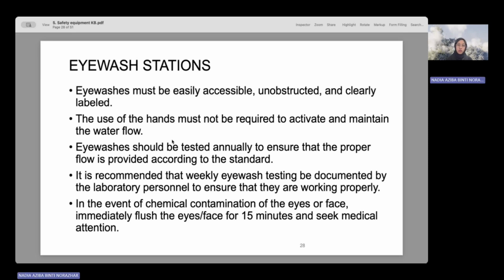Eye washes should also be tested annually, likewise the safety shower, to ensure that the proper flow is provided according to the standard. It is recommended that weekly eye wash testing be documented by lab personnel to ensure that they are working properly. In the event of chemical contamination of the eyes or face, we have to immediately flush the eyes or face for 15 minutes and seek medical attention.